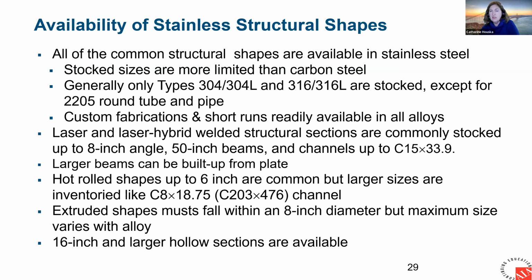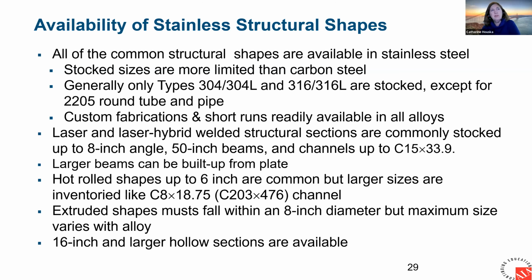If you need something that's heavier than 2 inches in thickness, then you're generally going to go to built-up plates using other welding methods. Of course, you could have that in a lighter gauge as well. But if you need really large beams, laser welding won't work as an option.